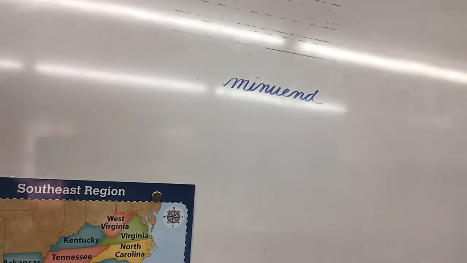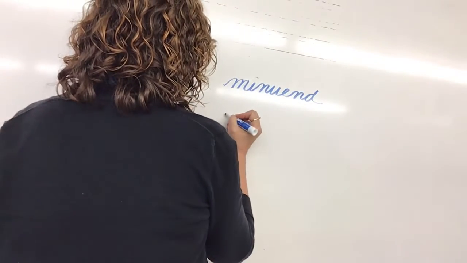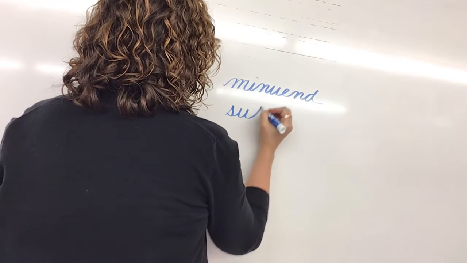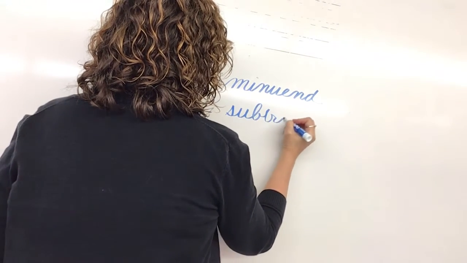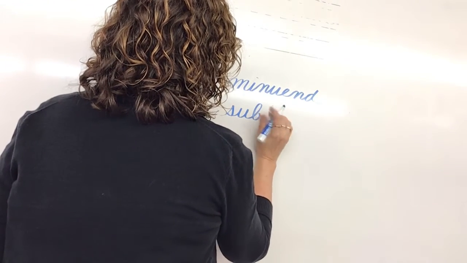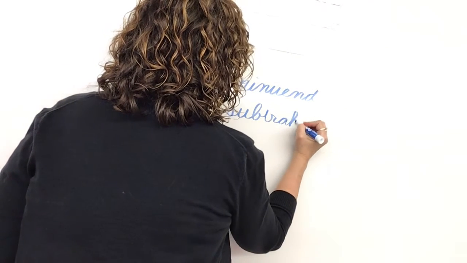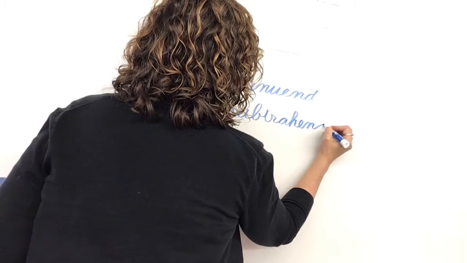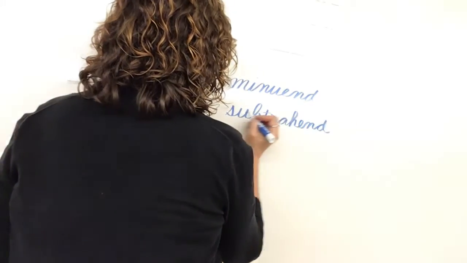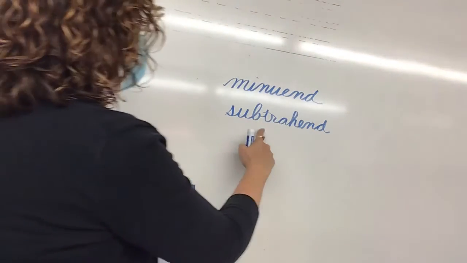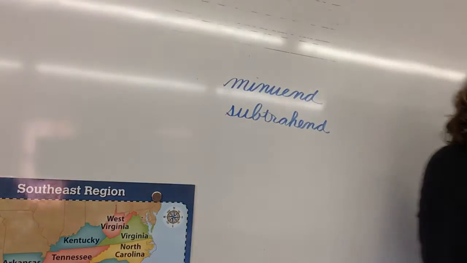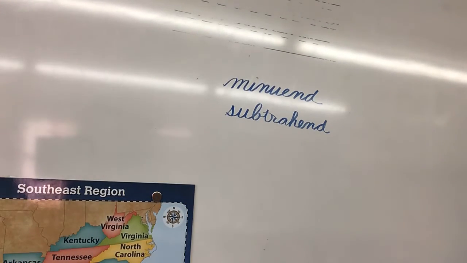So that second number you subtract, so it's minus whatever the number is, that's where you're going to write subtrahend. And that got crooked on me for some reason. Subtrahend. So we got a minuend and we got a subtrahend. And that is your second number.